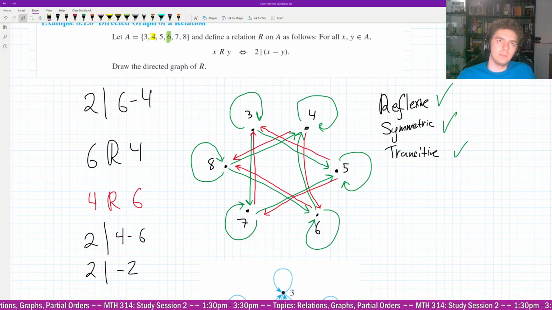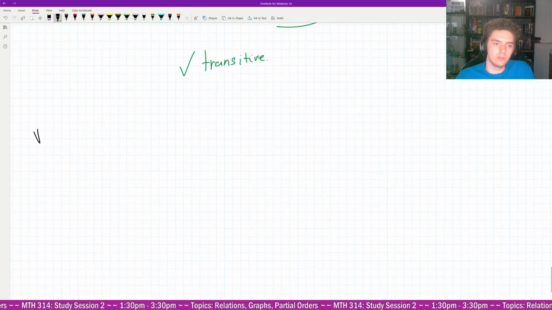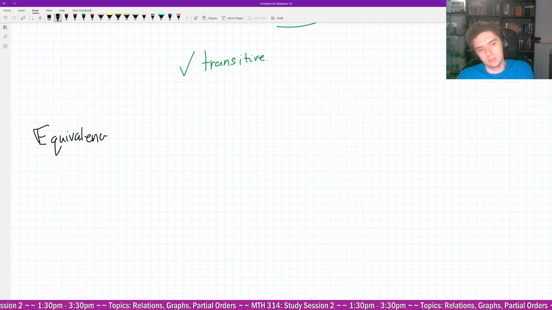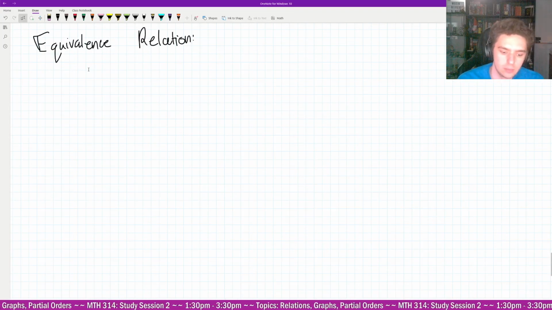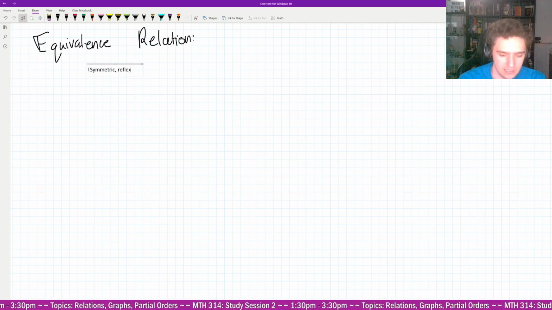Okay, let's talk quickly about what an equivalence relation is. An equivalence relation is just a relation which is all three: symmetric, reflexive, and transitive.